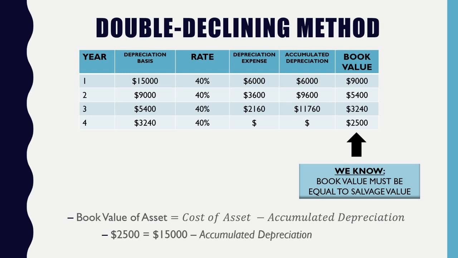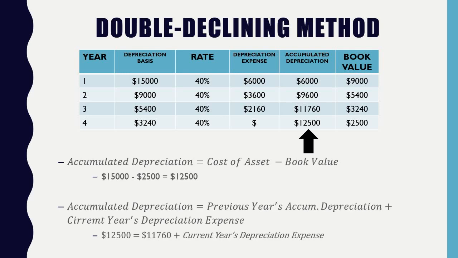You just simply move your variables around to solve for it. Well, what makes sense, right? What's 15,000 minus X equals 2,500? Should give you 12,500, right? Then you gotta work one more step backwards, because now I need to know what my depreciation expense is. Well, let's figure it out, because you're given this much information, right?